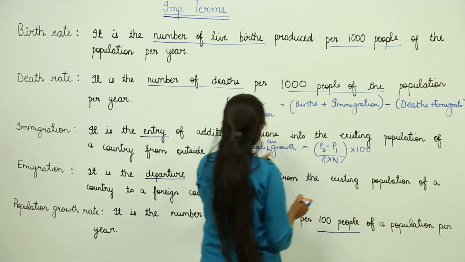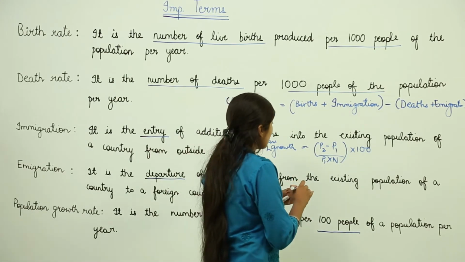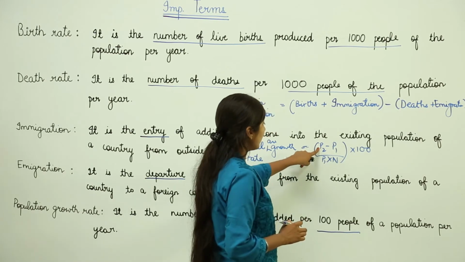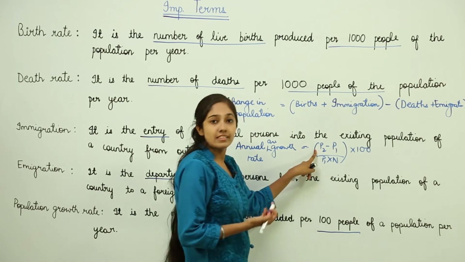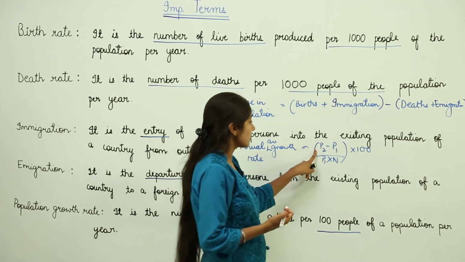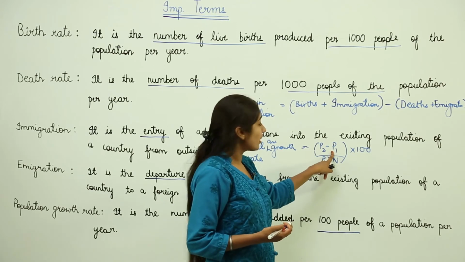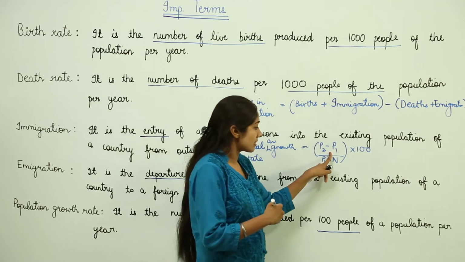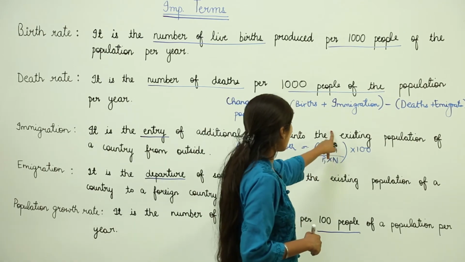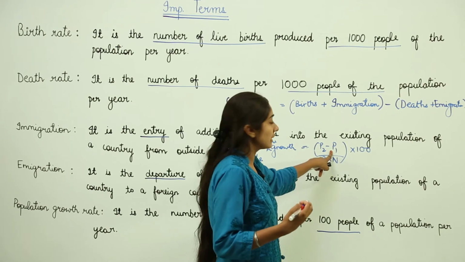So what is P2 over here? P2 is the population size in the present census. What is P1? P1 is the population size according to the previous census.